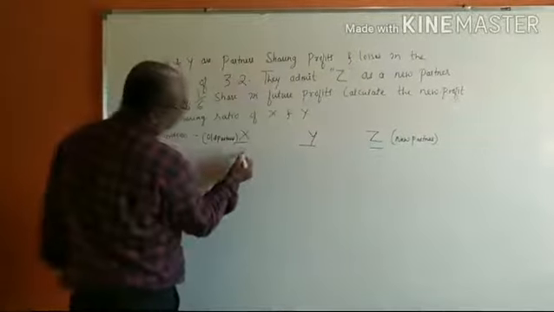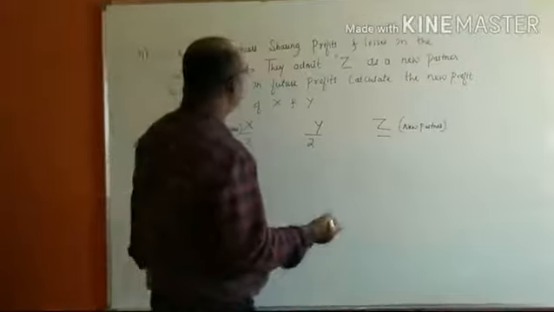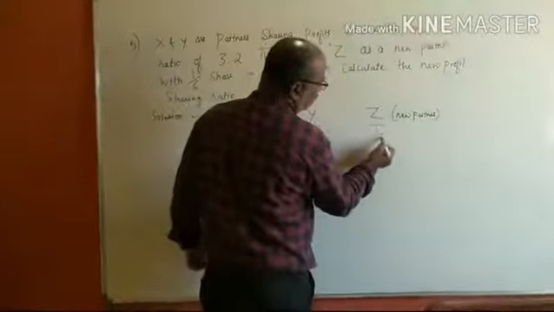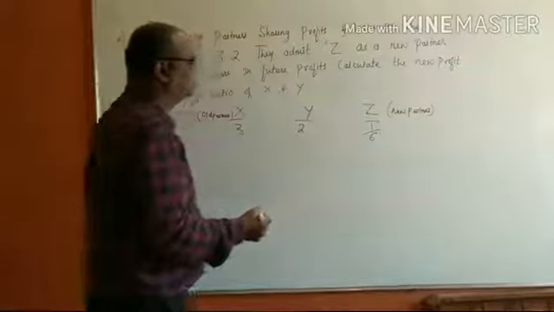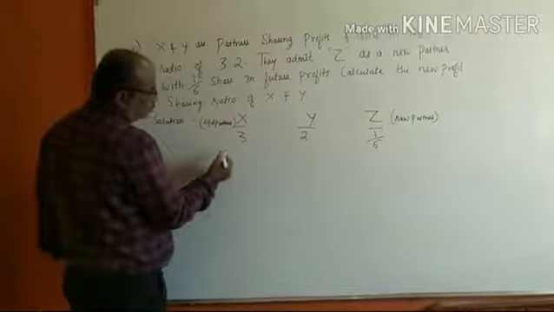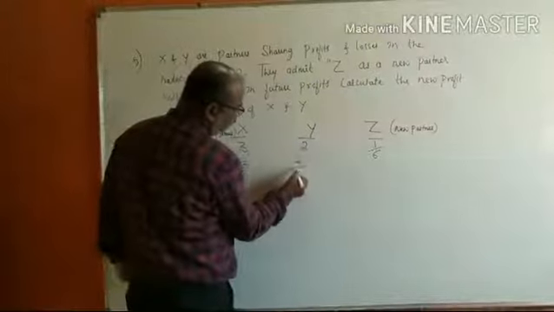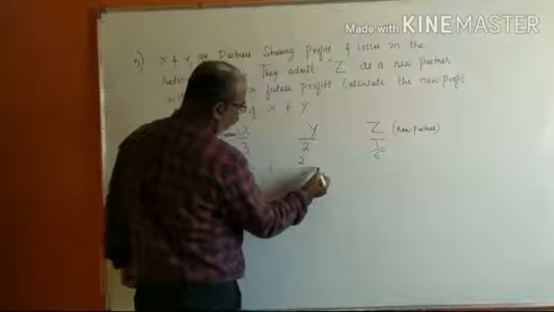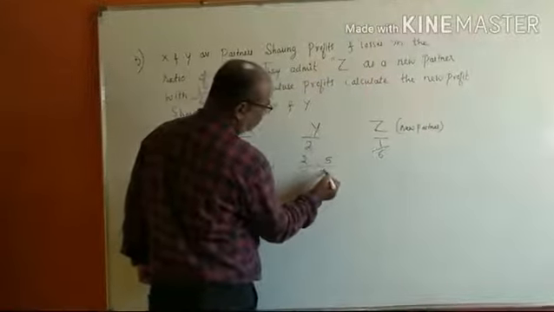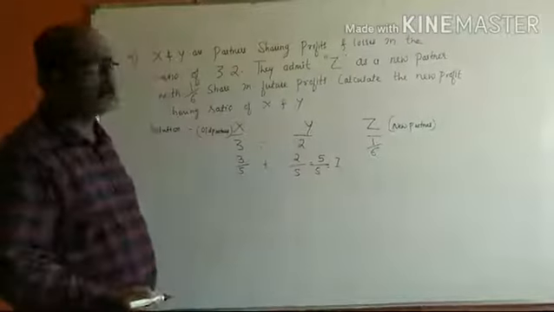So the ratio was 3:2, and Z was supposed to get 1/6 share in future profits, which is given by X and Y. So the old ratio was 3/5 and 2/5, equal to 5/5, equal to 1. So total profit is equivalent to 1.